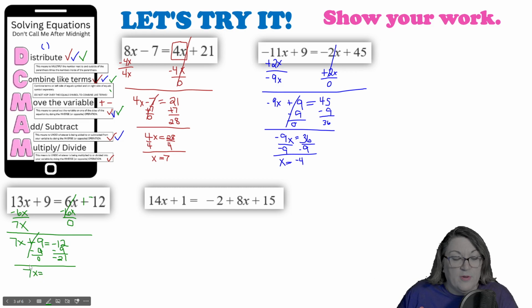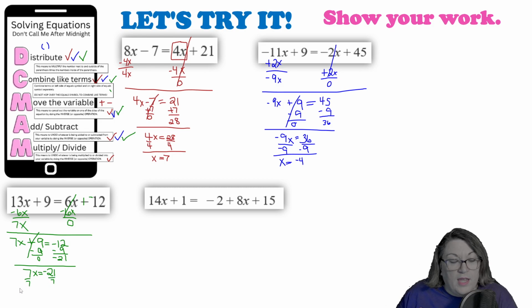The stuff that you zeroed out there is not going to be present, but you do have the rest. 7x equals negative 21. And the last step is whatever's being multiplied or divided with your variable, do the inverse. 7's being multiplied, so we're going to do the inverse, which is divide. And 7 divided by 7 is 1. And negative 21 divided by 7 is negative 3.